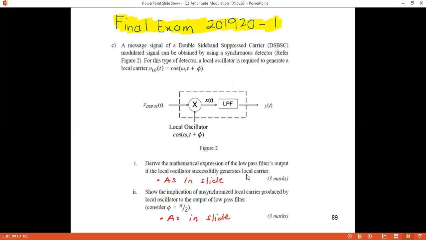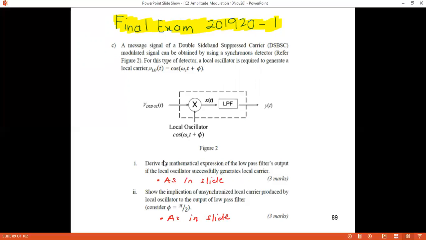So successfully generating the local carrier is when the frequency generated at the LO here at the receiver is the same as in the transmitter. So in the transmitter, we do not have this phi term. So it's only cos omega CT. So supposedly at the receiver, this phi is equal to 0.